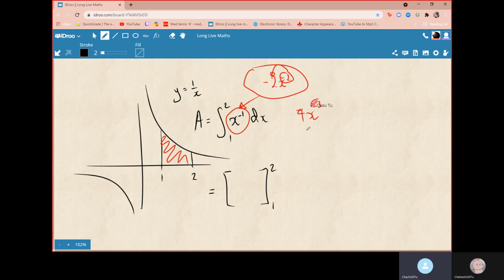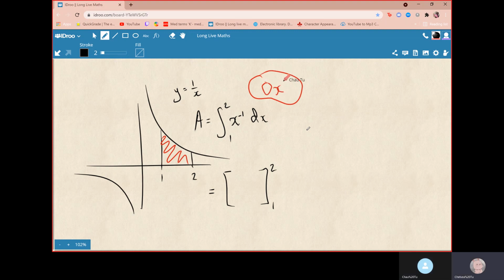I want negative 1, and you've given me x to the power of negative 3. Wait, hang on. What is it? 0 times anything is just 0.